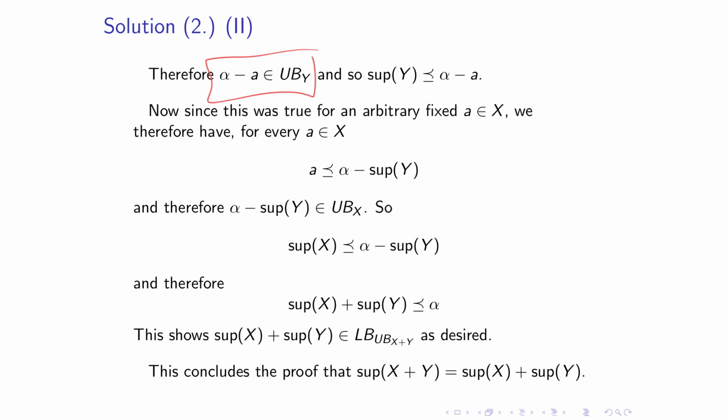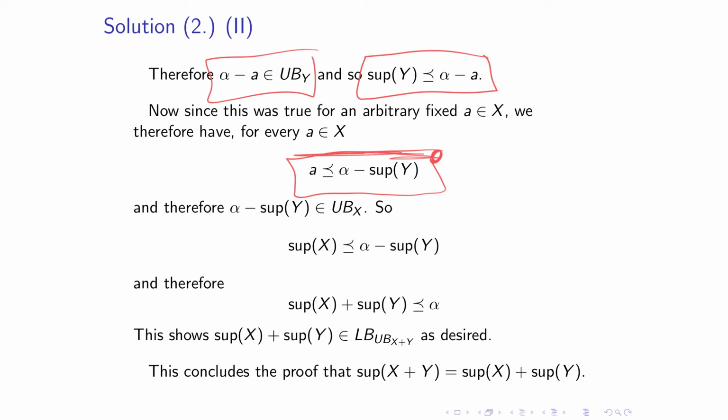Well, since alpha minus a is an upper bound on y, then it must be greater than or equal to the least upper bound, which is to say sup y. So we get this inequality. Now we can rearrange this to put a on the left side, subtracting sup y over to the right-hand side, and this is true for every possible choice of a, right? Everything that we did above was true no matter what a is.